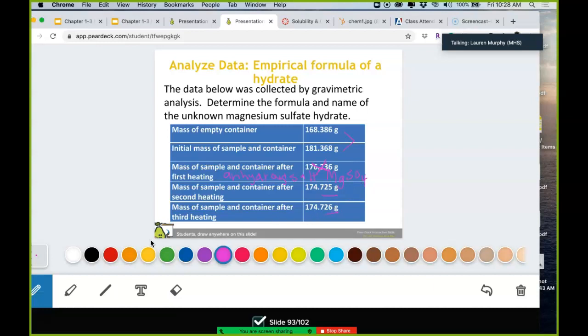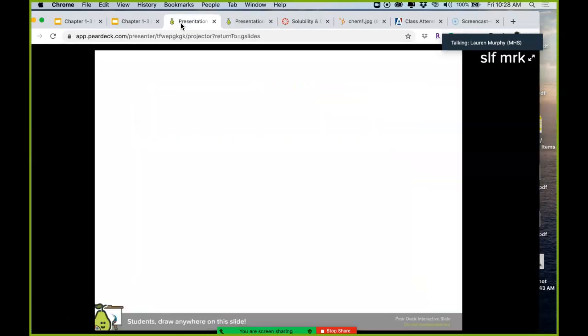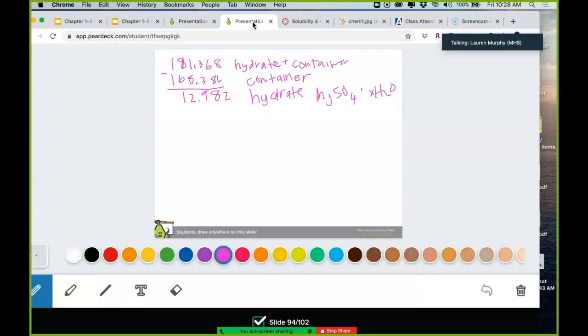So 174.725. This is the grams of salt. Anhydrous, no water. And you take away the container, which is up here, 168.386 grams of the container.